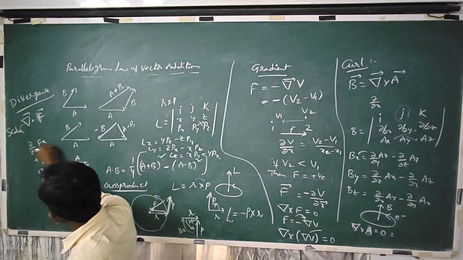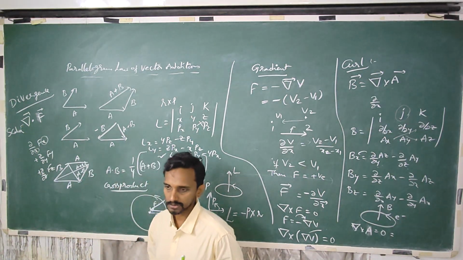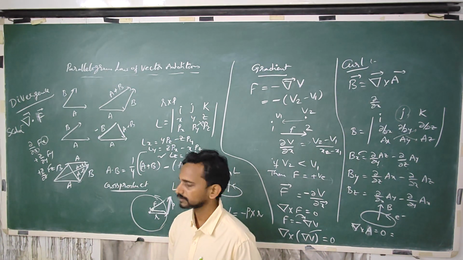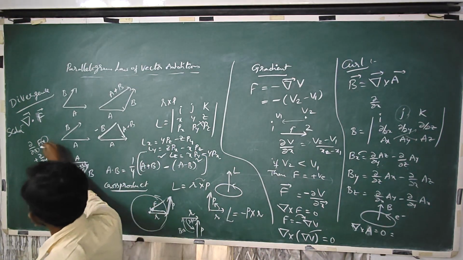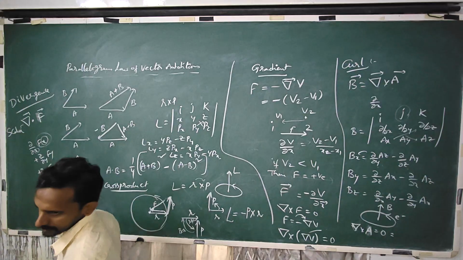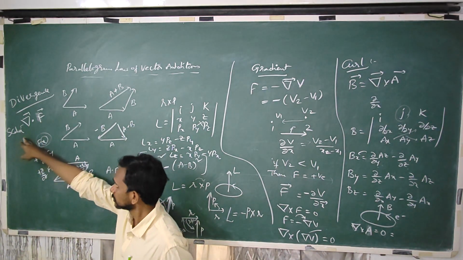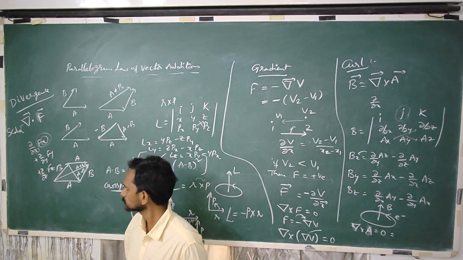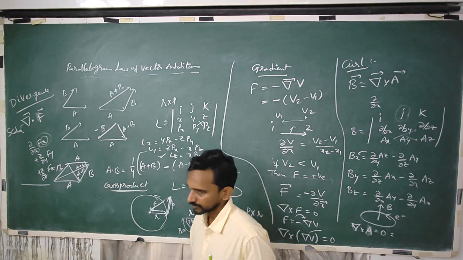So you are fixing the direction. So the result is a scalar. So you are considering only the variation of the magnitude along a particular direction. So once you are fixing the direction, that information will be lost. So you will be left with a scalar. That's about the divergence of a vector.